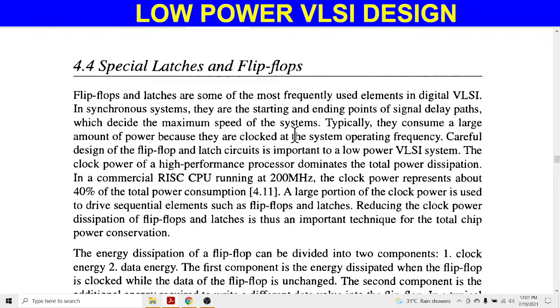It means that when we provide the data input, it consumes very little power, but when we provide the clock pulse to any flip-flop, it consumes a very high amount of power. According to some calculations, it is found that the power dissipated because of the clock pulse is 40% of the total power dissipated by any flip-flop.